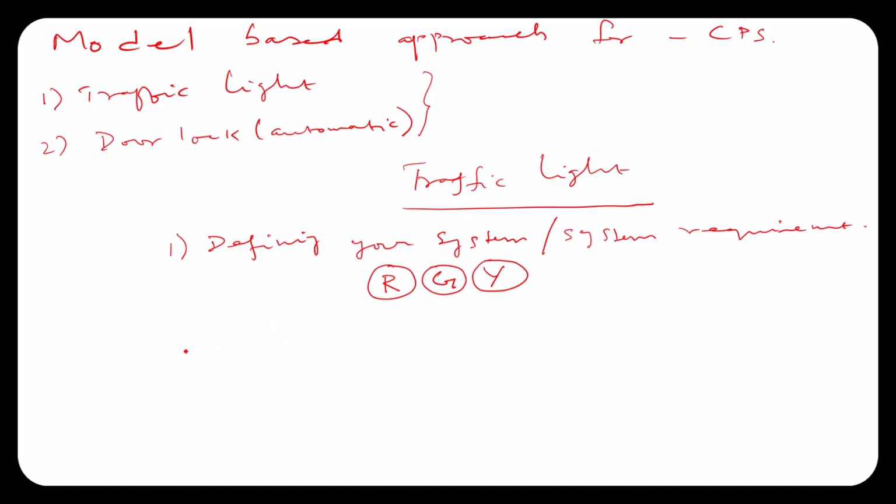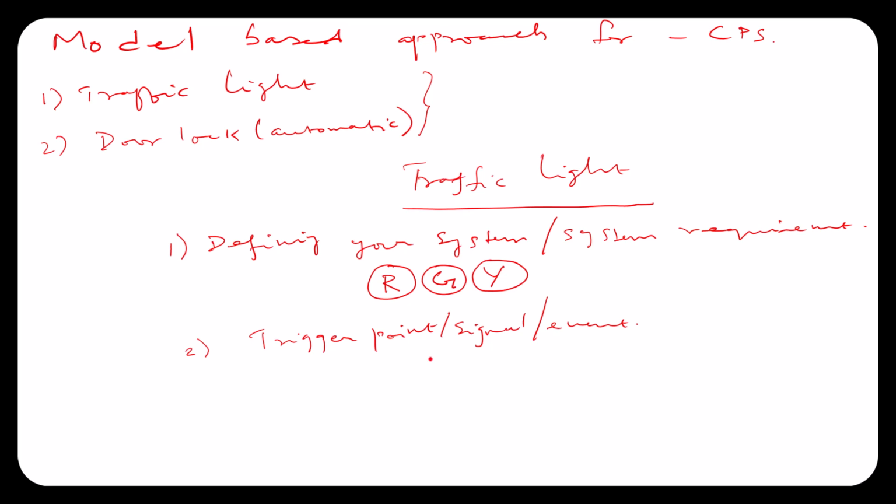Then I need to define the trigger point, or signal, or event. That is when the system will transition from red to green, green to yellow, or whatever.